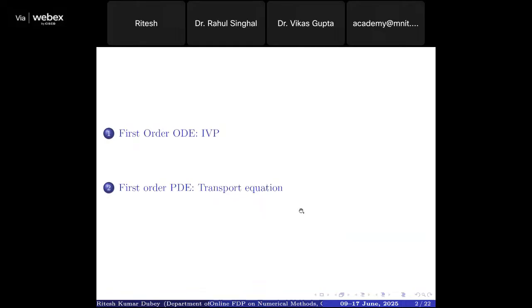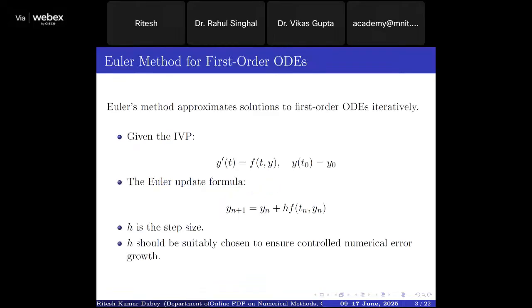So as I mentioned, first is the first order initial value problem, and then I'll be talking about the PDE, which is a transport problem. The previous speaker talked about this kind of first order initial value problem, and the derivation was given to all of us on how we can approximate the solution at a later state.